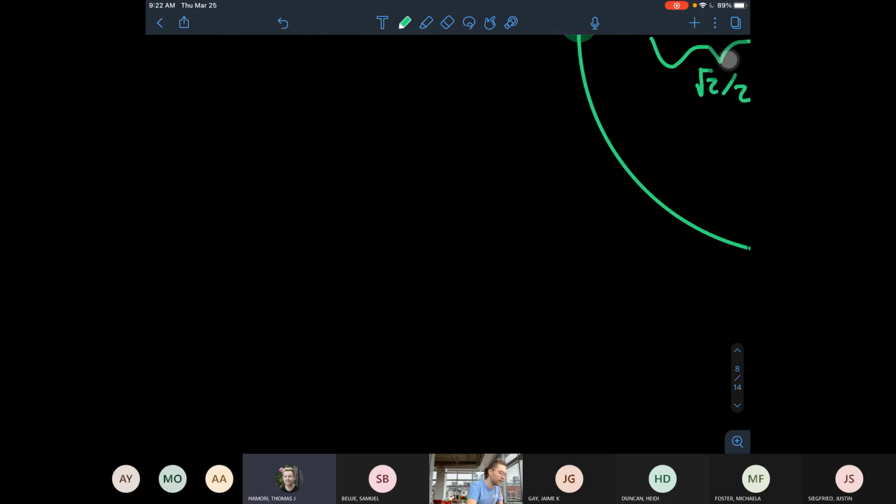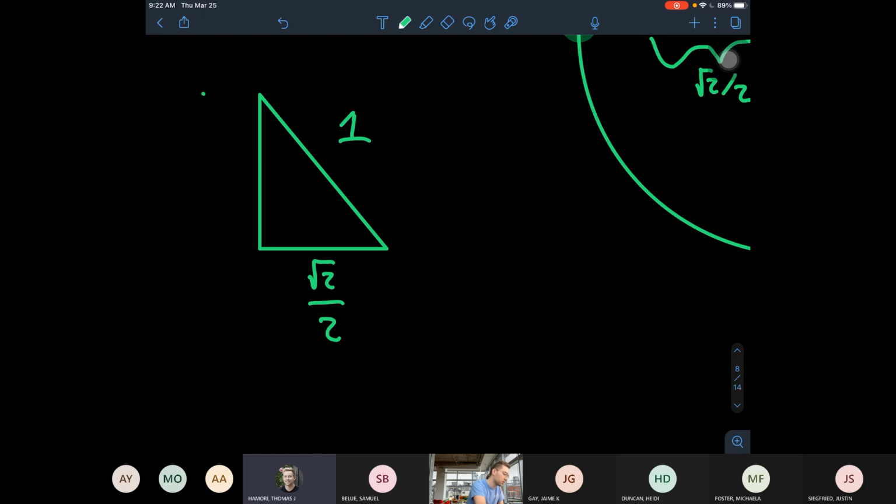So now I have a triangle. One side length is 1, one side length is square root 2 over 2. What should the other side length be? Question for the class. Can we immediately find out what this other side length could be without even having to use the Pythagorean theorem? Yes, again, square root 2 over 2.